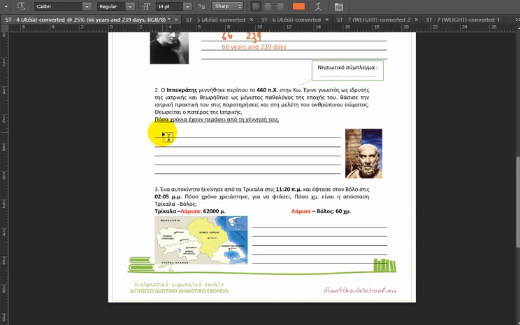So basically 460 years before the birth of Christ. So that means that 460 plus the 2020 years that have passed since then. So we need to do 460 plus 2020. And that would give me 2,480.